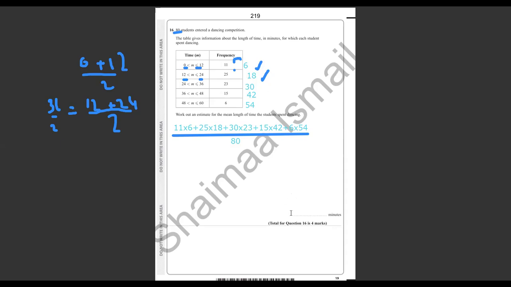After we finish this all, we get 27. Okay. Here you have to complete this and write the final answer, which will be equal to 2,160 divided by 80, then 216 divided by 8, which equals 27. Okay, let's see the next.